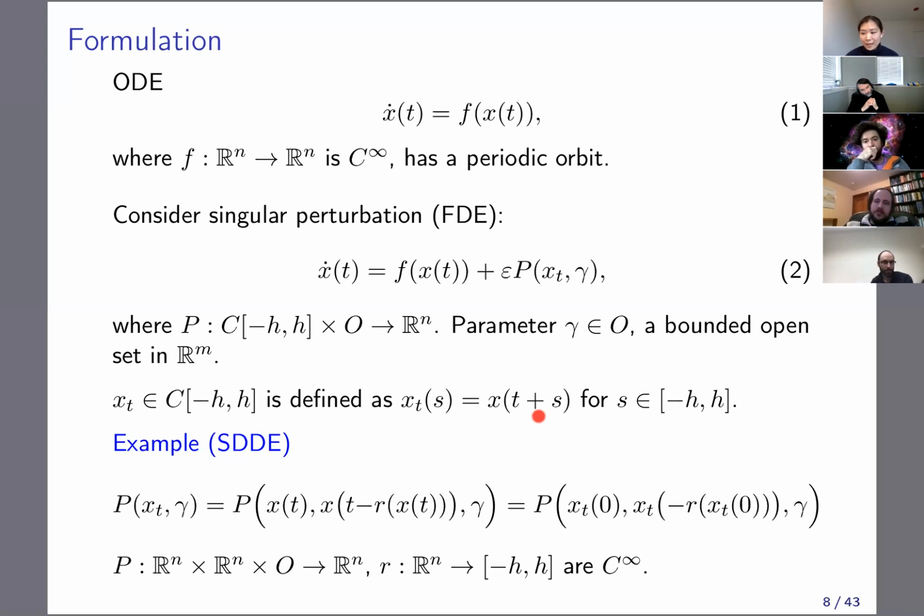But right now we are considering the space where we can take s to belong to -h to +h, where h is to be understood as the maximum of all the delays or advances that we consider. So we can not only consider backward delays, we can also consider forward delays, where the right-hand side of the equation depends on a future state of the solution.